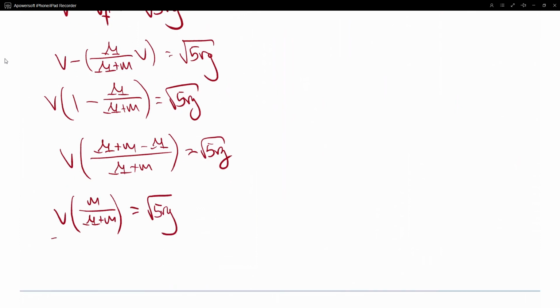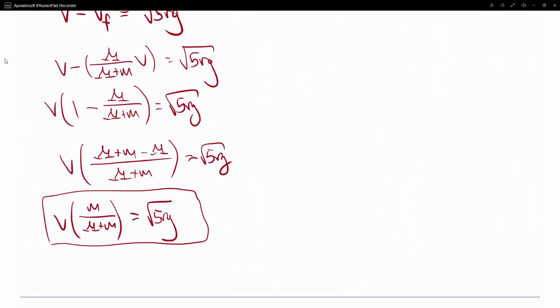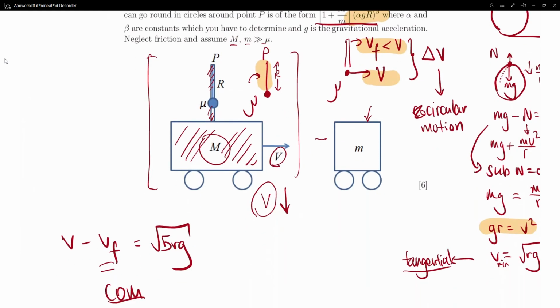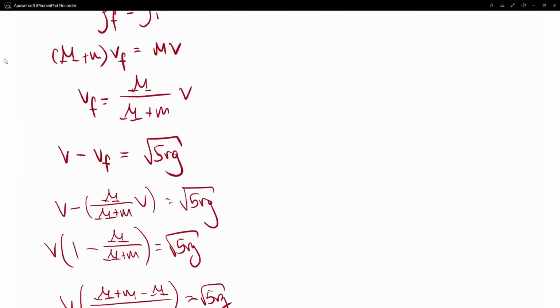Okay, we have reached a very important equation. Keep in mind that this is going to be v minimum. It's the minimum velocity that this card with mass M needs to have.